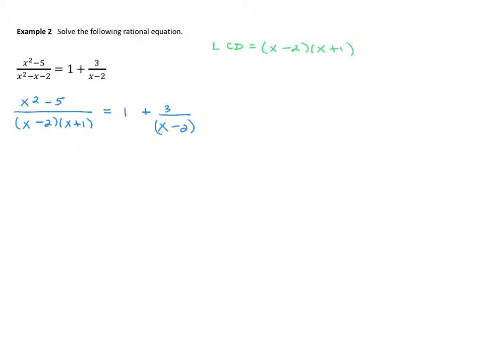So I'm also going to make note of something. The answers cannot be 2 or -1. Sorry, that was x equals positive 2, x equals -1. Cannot be solutions.